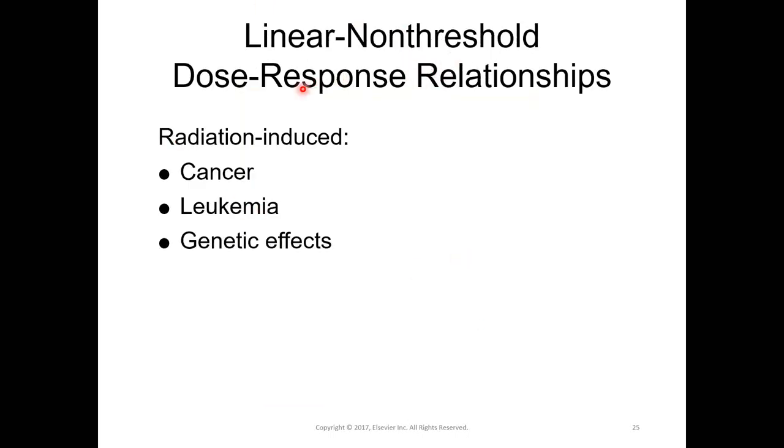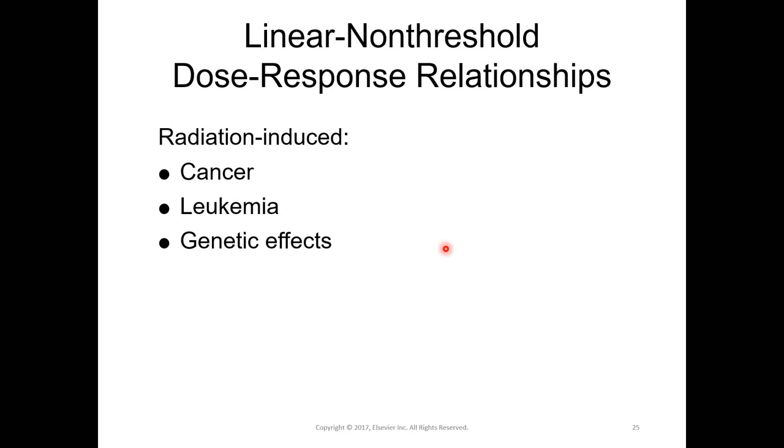Linear non-threshold dose-response relationships include your cancer, your leukemia, and your genetic effects. And the reason why it's non-threshold is because no one wants to take accountability for any type of dose that's been given to a patient, so they consider it even at 0, there's still a response.